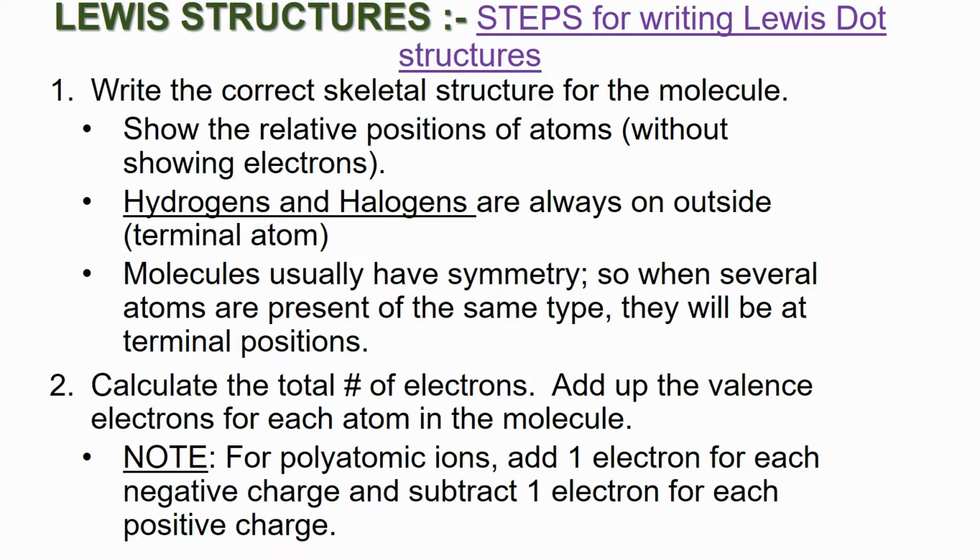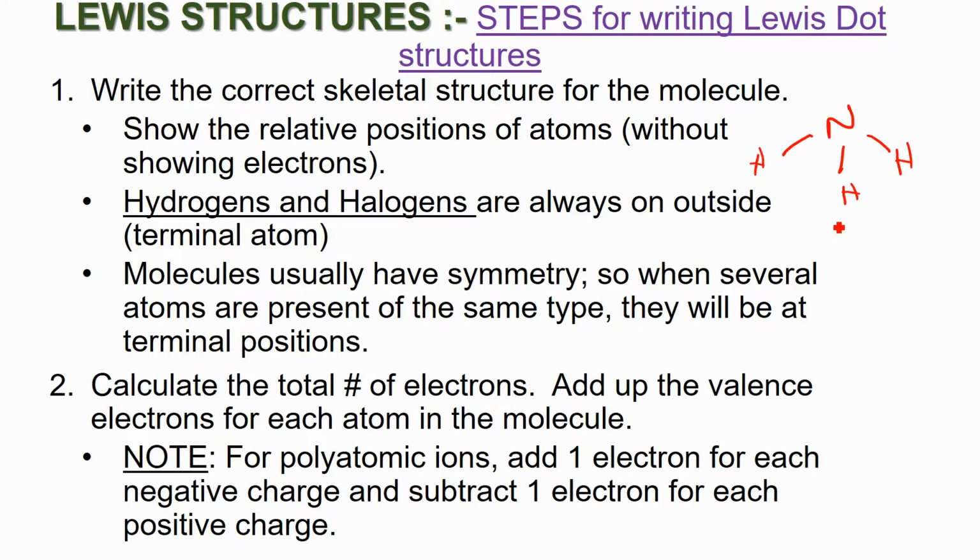Alright, now to switch gears, we need to know how to draw Lewis structures based on the valence electrons. So these are just steps, general rules that are followed in drawing the 3D structures or 2D structures representing atoms. Remember, like in the last slide, ammonia is drawn like this.